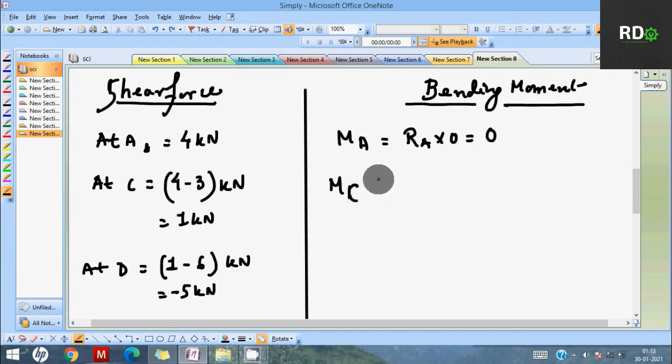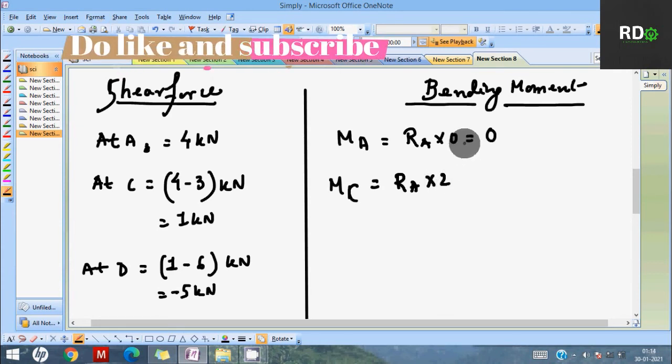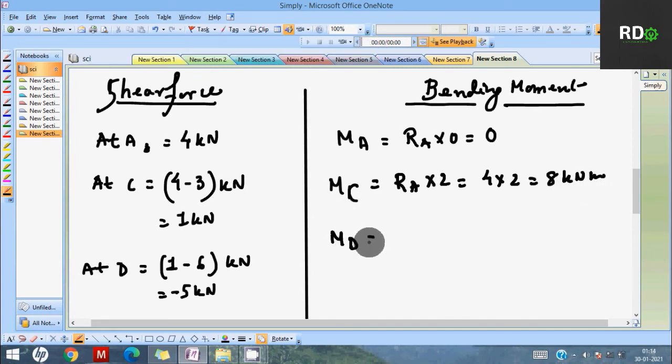Bending moment at C will be your force RA into 2 meter. RA is 4 kilonewton if you remember, so it is 4 into 2. It is 8 kilonewton meter. Please remember, since you are finding bending moment, the unit has to be kilonewton meter.